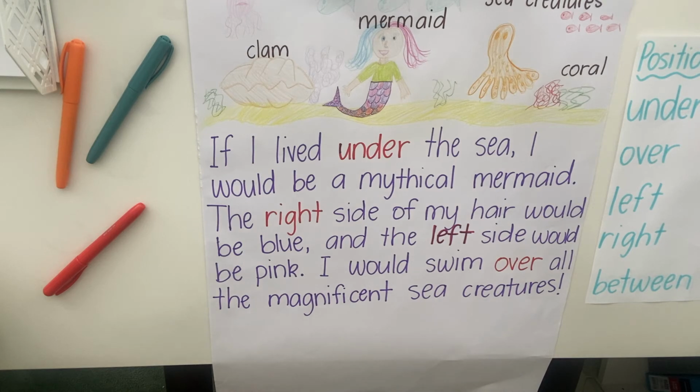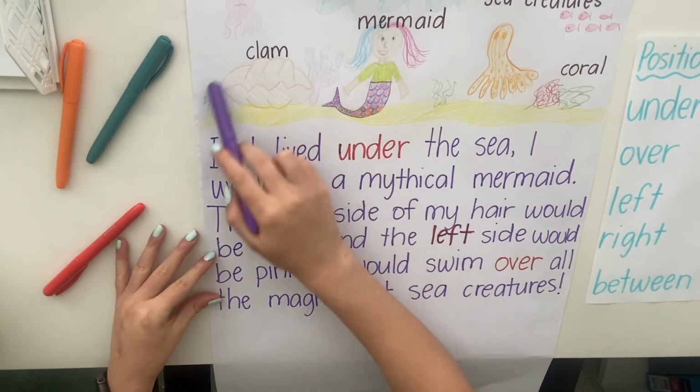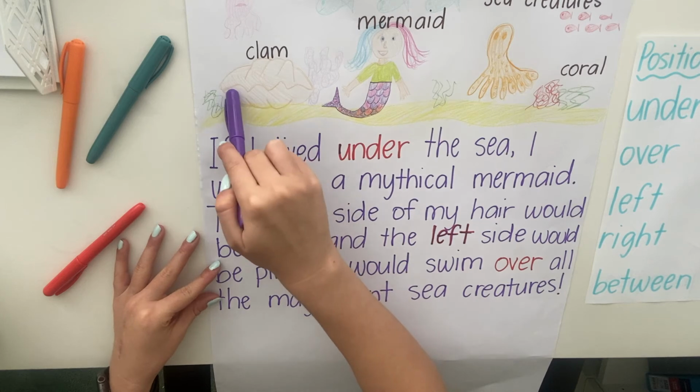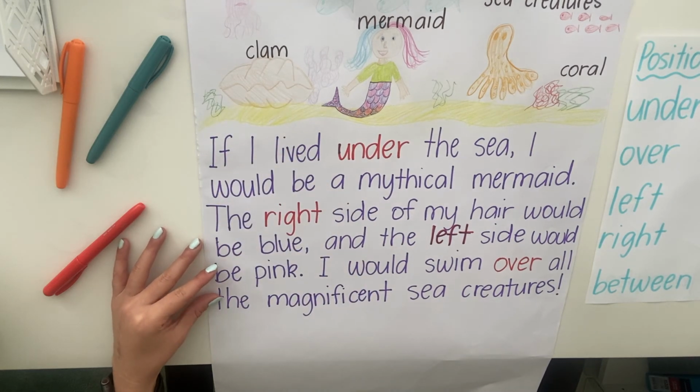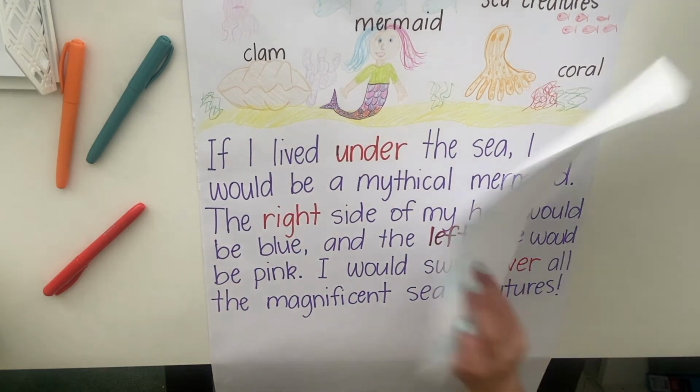My next sentence, I think I'm going to talk about the clam here because we haven't spoken about the clam, which is where she sleeps. She sleeps between the clam. Between.